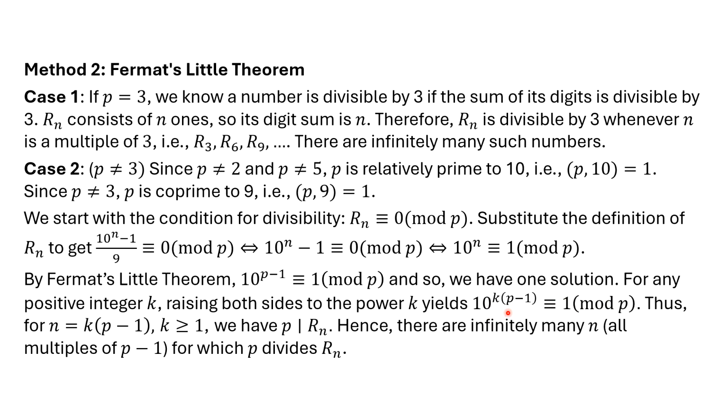So I'm applying that here. And of course, 1 to the k is 1. Thus, if we pick n equals k times p minus 1 for k greater than or equal to 1, we have p dividing r sub n. Hence, there are infinitely many n, all multiples of p minus 1, for which p divides r sub n.